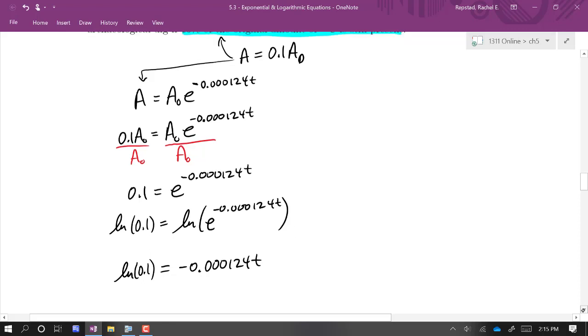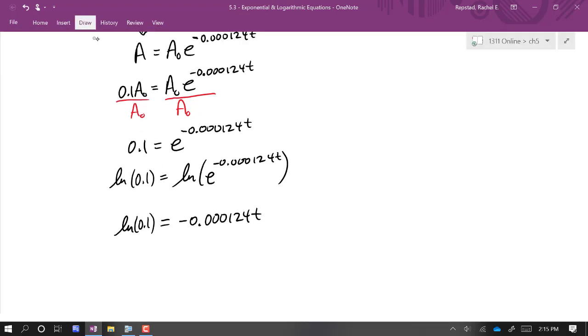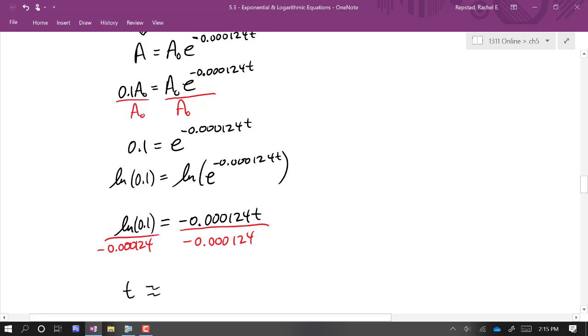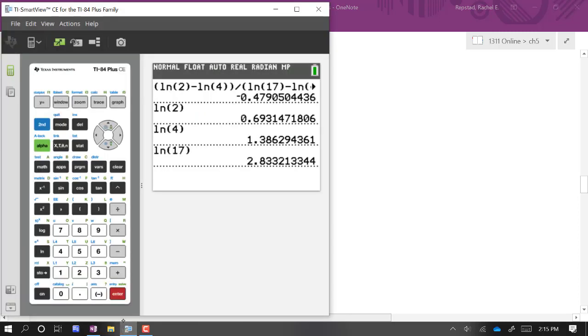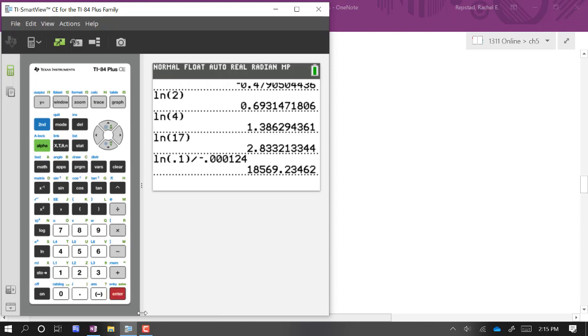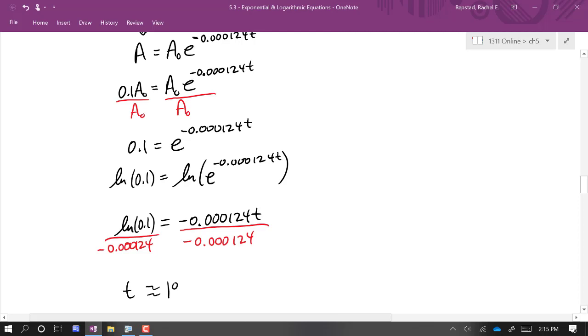And now to solve, we need only divide both sides by negative 0.000124. And now we can approximate. So ln of 0.1 divided by negative 0.000124 is about 18,569.23.